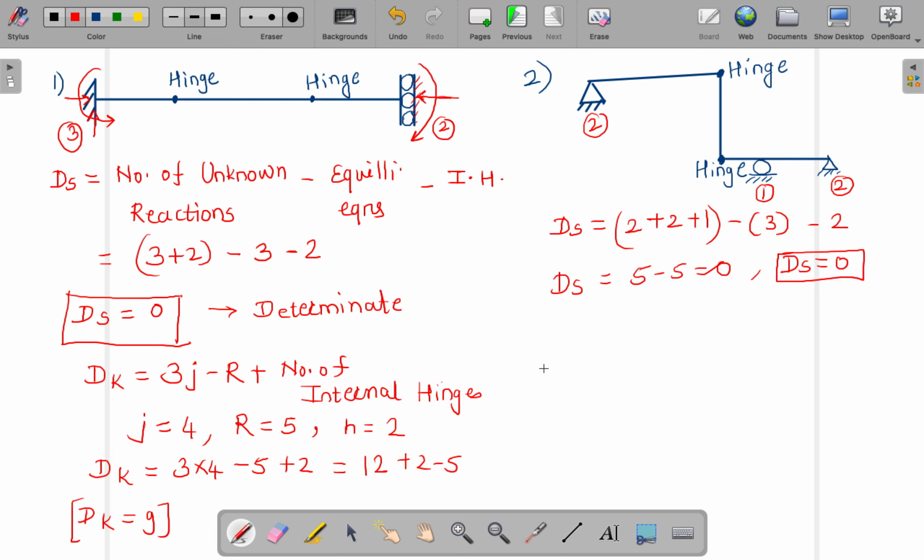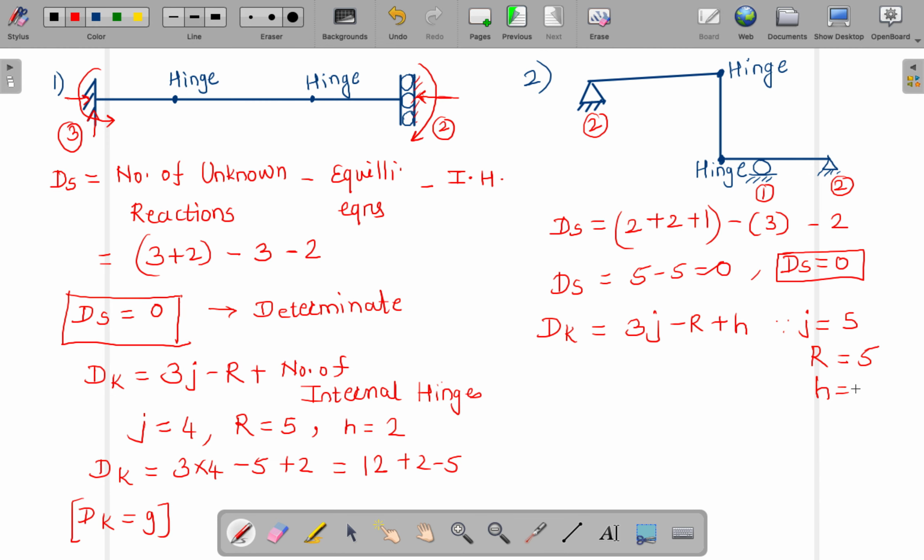Now let us find out the degree of kinematic indeterminacy. That is 3j minus r plus h, where h is the number of internal hinges. Now tell me how many joints are there. 1, 2, 3, 4, 5. 5 joints are there. Reactions, we already know, are also 5.